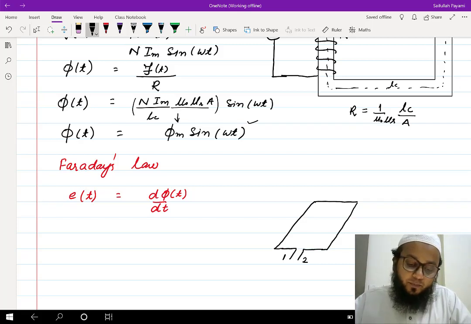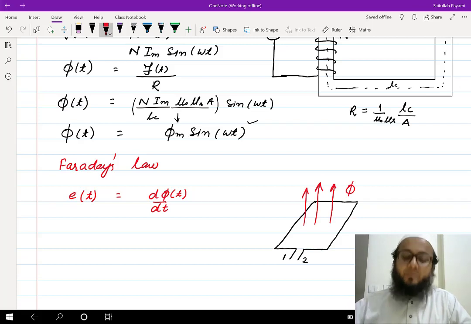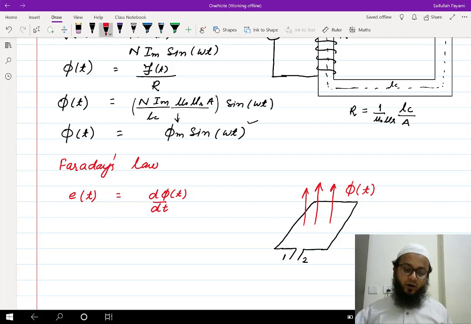So in this loop, if there is a flux phi, if this loop is stationary and the flux is a time varying one, then there would be an induced EMF here, and because there is an EMF, I should talk about the direction as well.